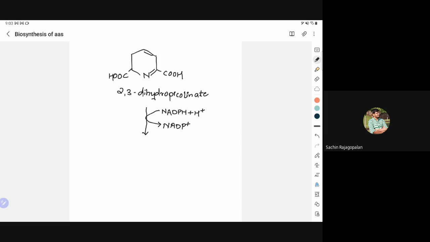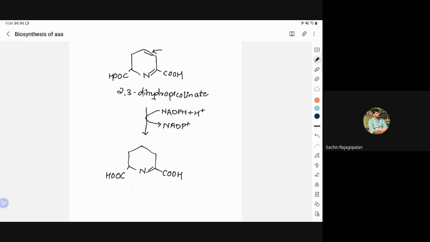So you will add the hydrogens to the structure, and what you get is going to look something like this. This double bond is as it is. The double bond that we have absorbed is this one. We have removed that by carrying out reduction. We have converted it into a single bond.